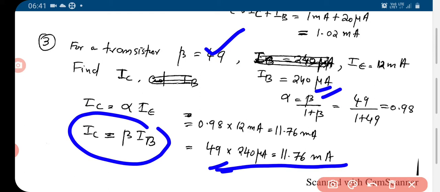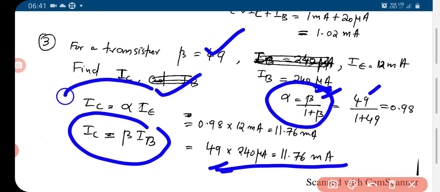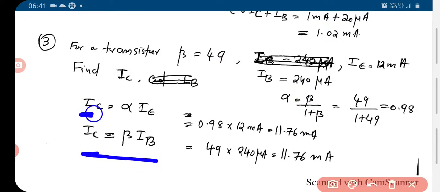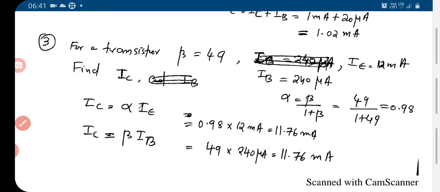Similarly, IC is alpha IE. Alpha is not given to us, but alpha we can find using this relation. Beta is given, so using this we get alpha. So IC is alpha IE, we substitute and we get exactly the same result. So IC can be found using this relation or this relation, and we get the same result.